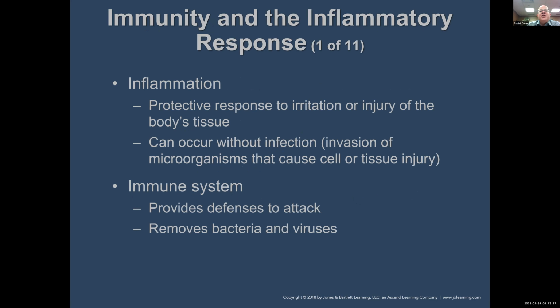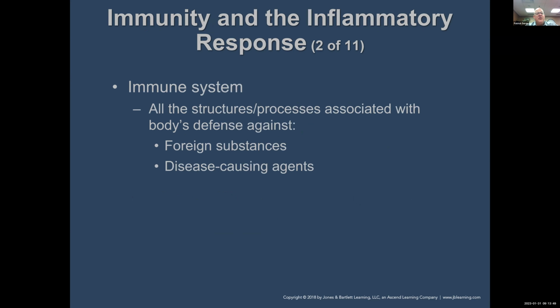We're going to talk about inflammation here in a little bit. It's our protective response to our tissues. Our immune system provides the best defense and removes bacteria and viruses. So we have two types of immune systems.